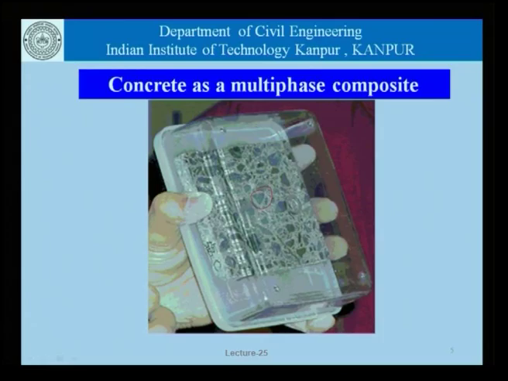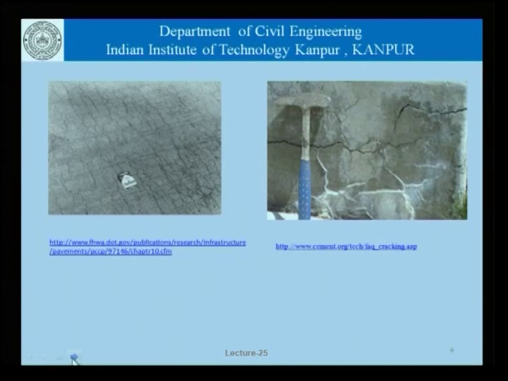When the reactive components, in terms of the minerals that comprise the fine aggregate or the coarse aggregate, react with the pore solution formed as a result of the hydration of cement. These pictures here show some cracks which are formed on account of alkali aggregate reaction.